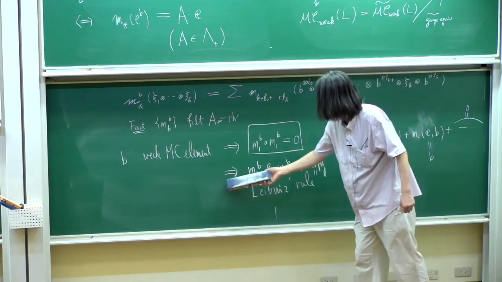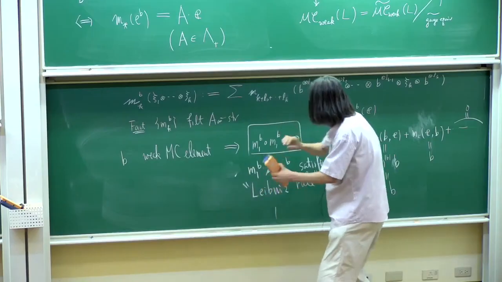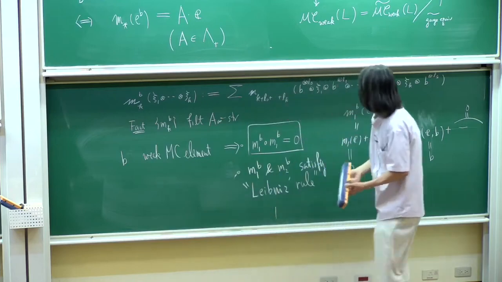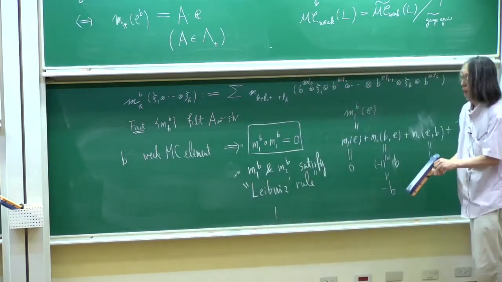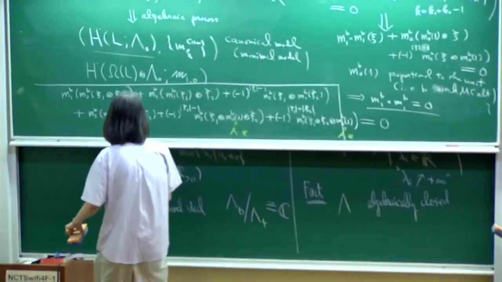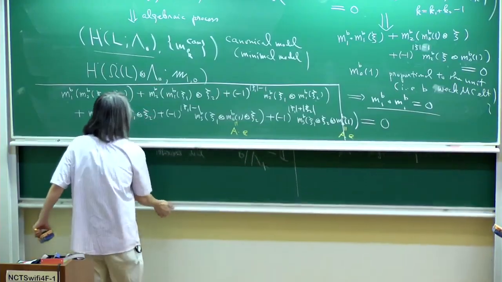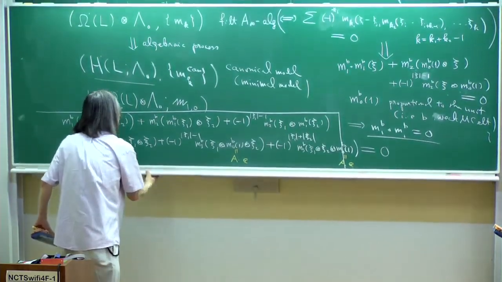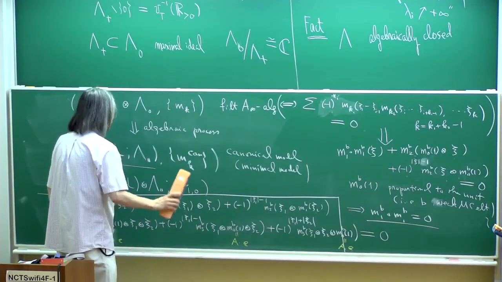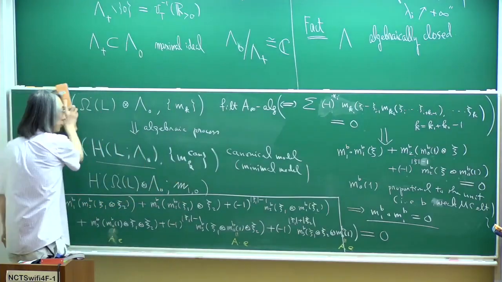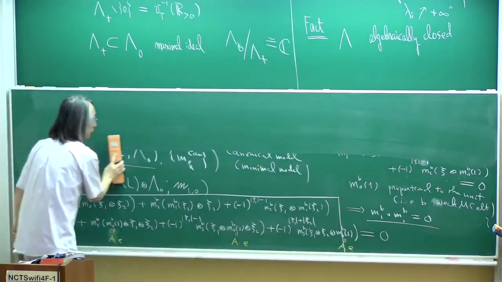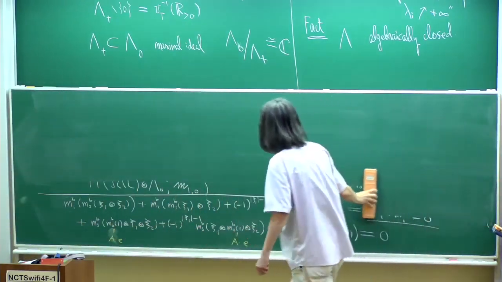And also these satisfy a kind of Leibniz rule. Now, later I have to also discuss bulk deformation, but maybe it is too much at this moment. So I just stop here and come to toric examples.